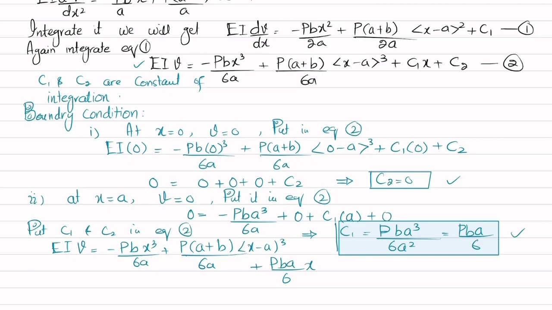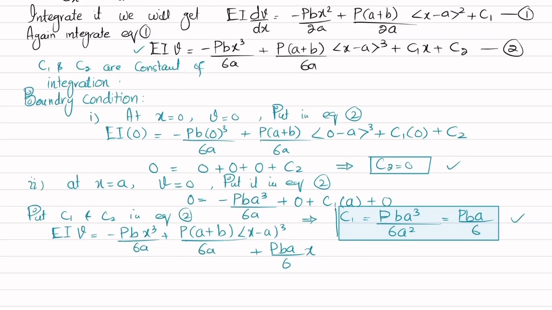If you further simplify, divide EI on both sides, you will get v is equal to 1 over EI into minus Pb x cube over 6a plus P into a plus b divided by 6a into x minus a whole cube plus Pba over 6 into x.